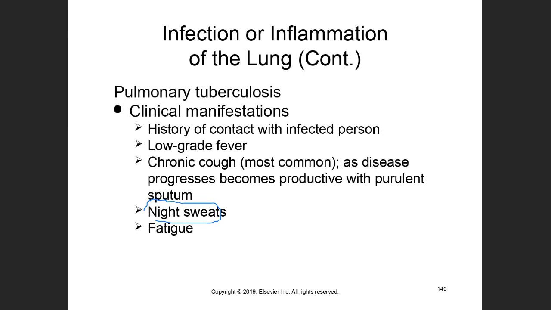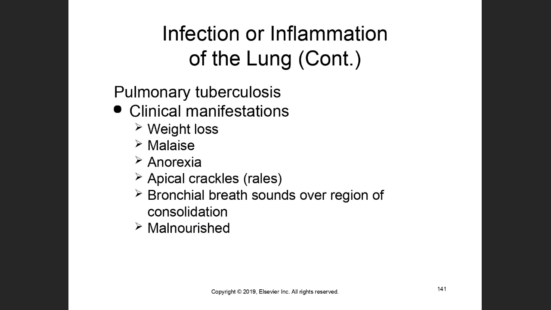Pulmonary tuberculosis is more prevalent in young people, in the 40s, in the 50s. If you have all those signs and symptoms in a patient of 60, 70, with a long history of smoking, you think more toward cancer. Weight loss, malaise, anorexia, basically the same manifestations of cancer.